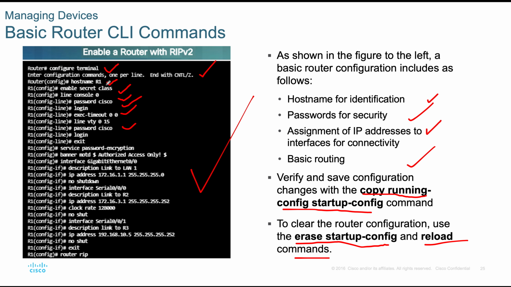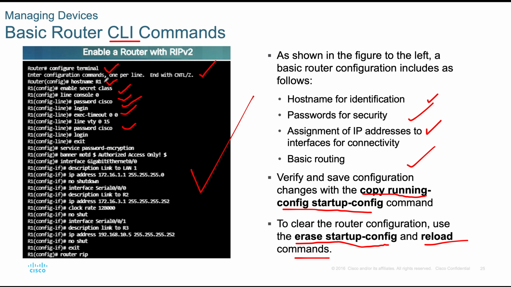This will take you to the configuration command. You do one per line, and you end with Ctrl/Z. So once you configure router hashtag configure terminal, it will take you to the command line interface where you start doing your configuration.